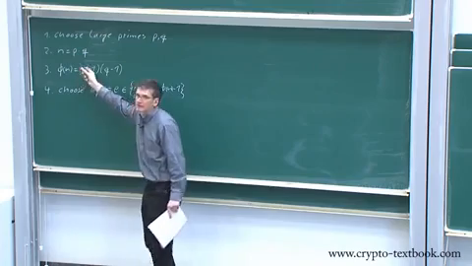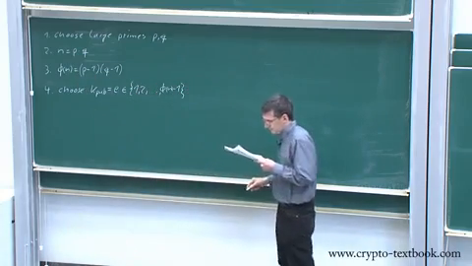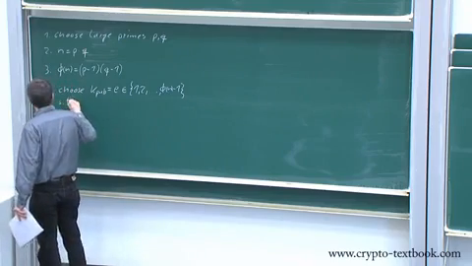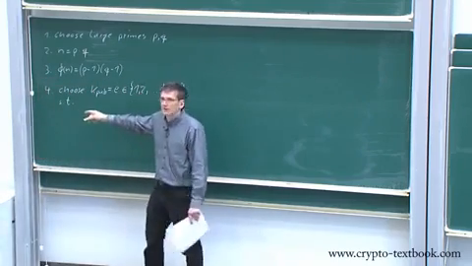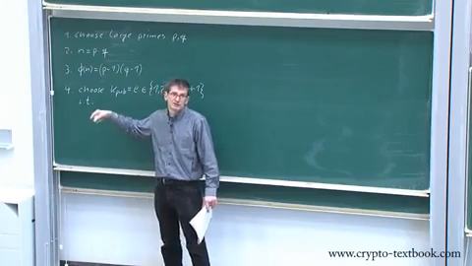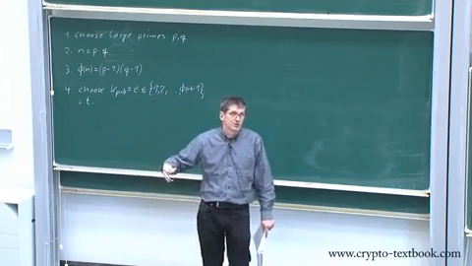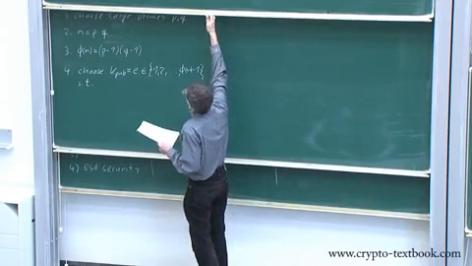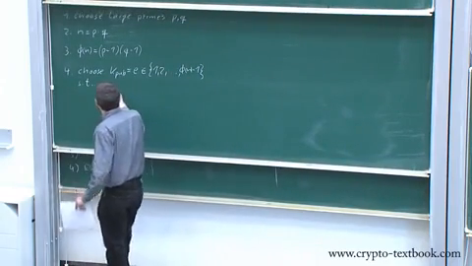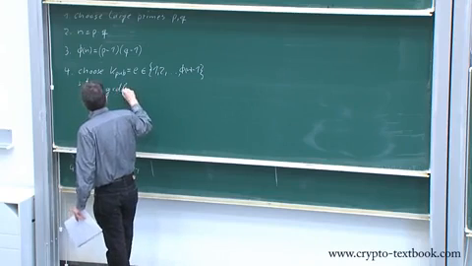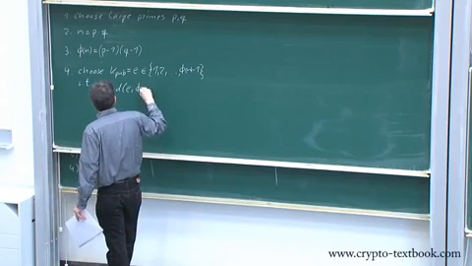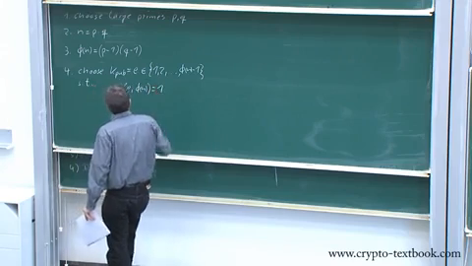And remember, computing phi of n is not very difficult. S.t. means such that, that means with the following additional condition, the GCD of E and phi of n must be 1.